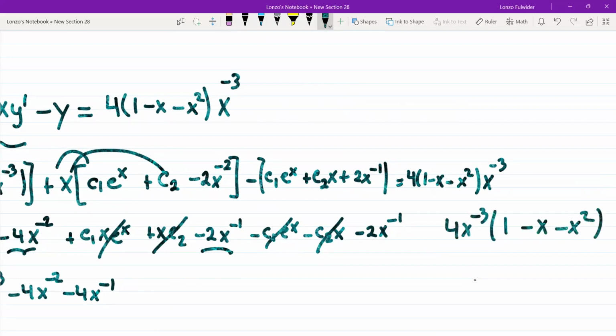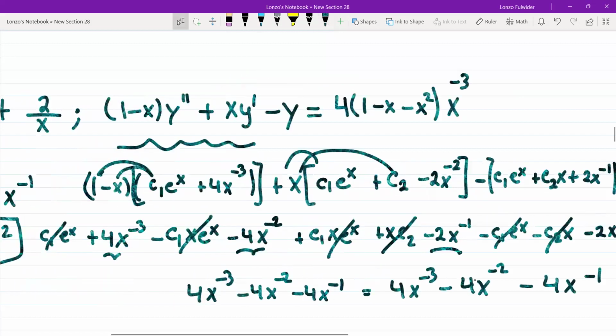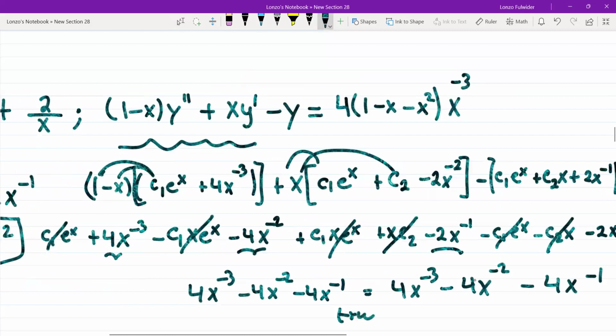So this is going to be 4x to the negative 3 minus 4x to the negative 2 minus 4x to the negative 1. So now the left does equal the right. Okay, so you can say this is true. We just verified it.